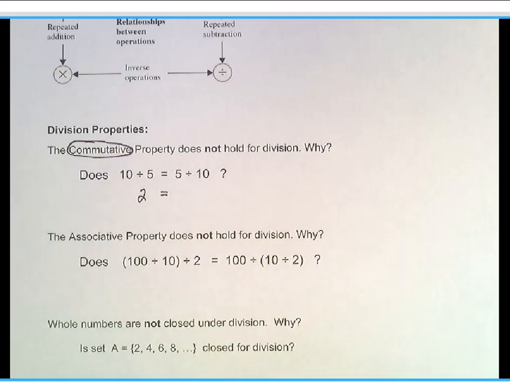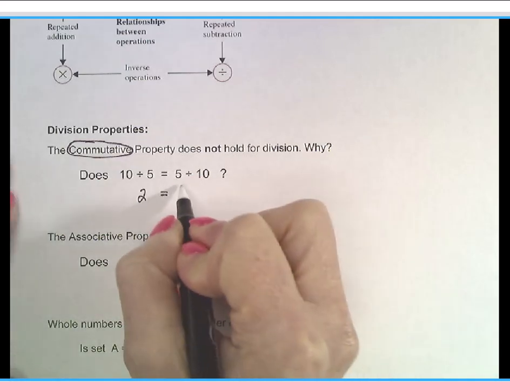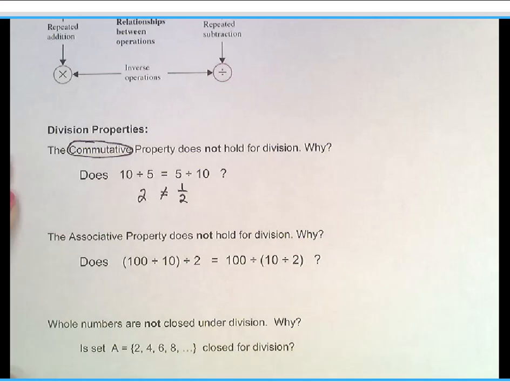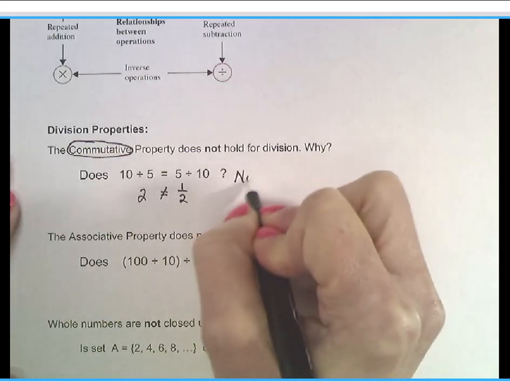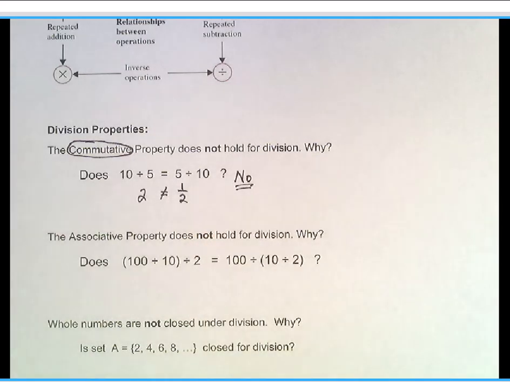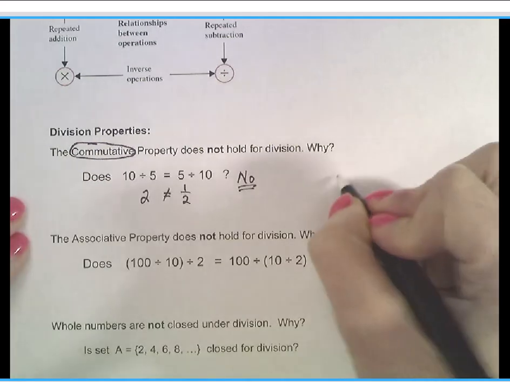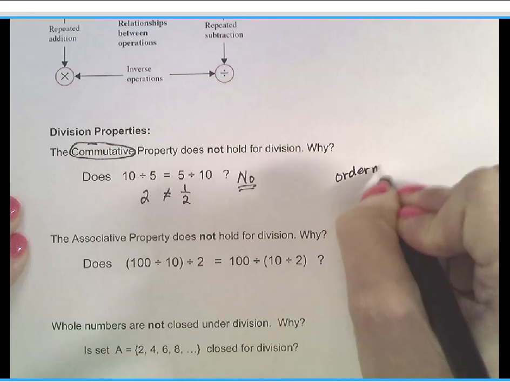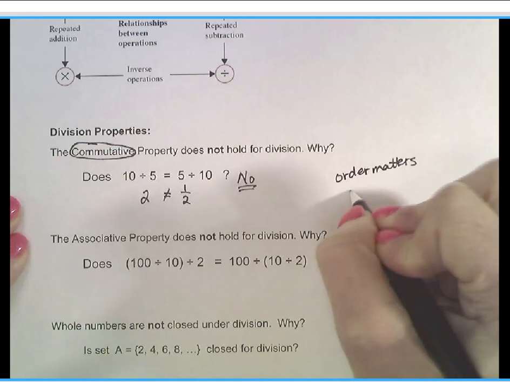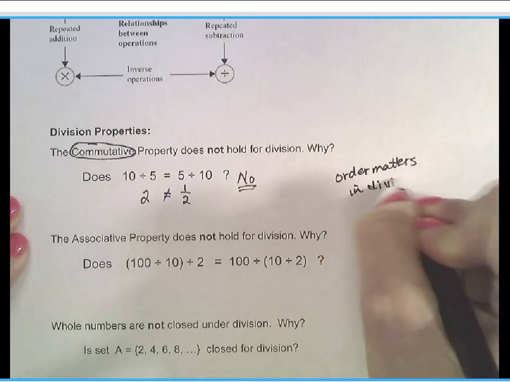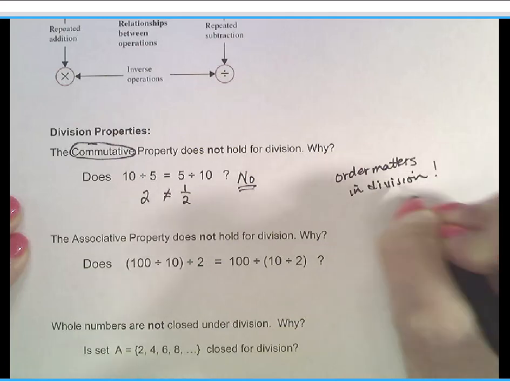But that's not a whole number. Actually, 5 divided by 10 turns out to be a half. And those are not the same. So does it hold? No, you can't use the commutative property with division. Why? Because the order matters. Who is being divided by who matters in division.